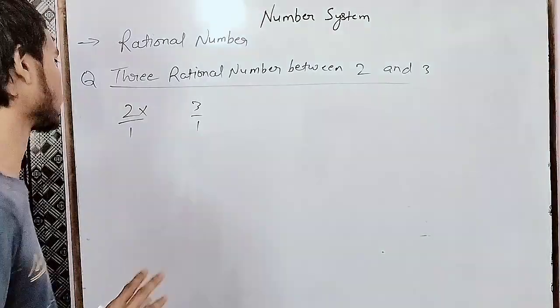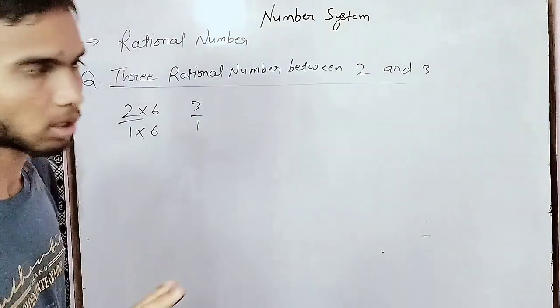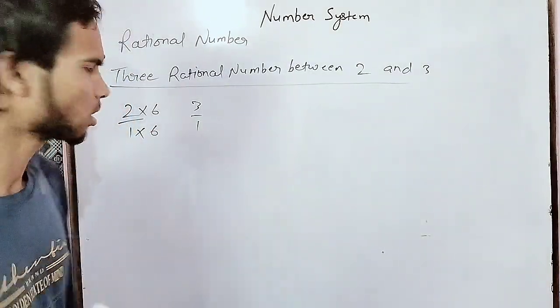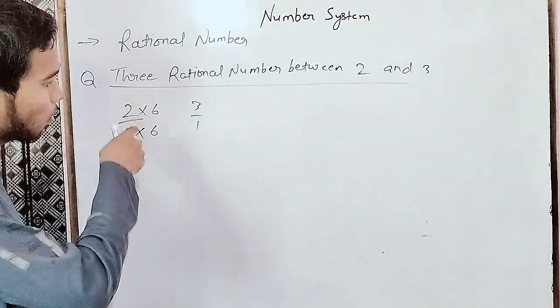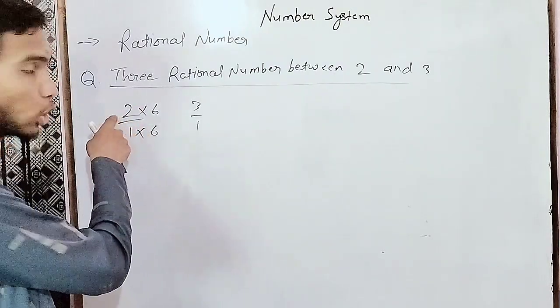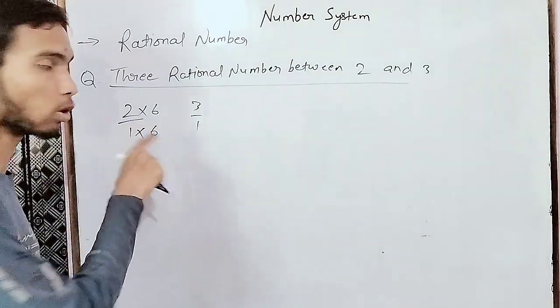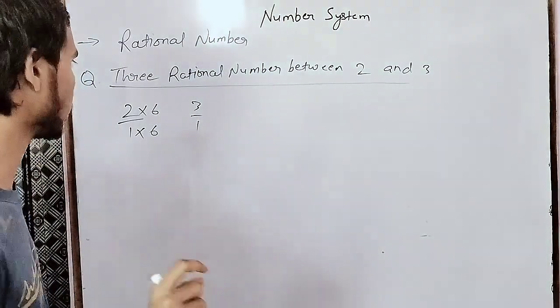You can multiply by whatever number, but you multiply in both the numerator and the denominator. Then the value will remain the same.